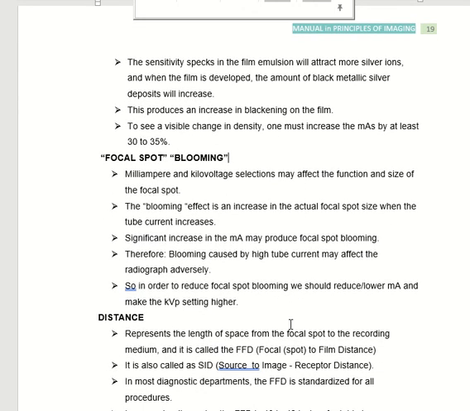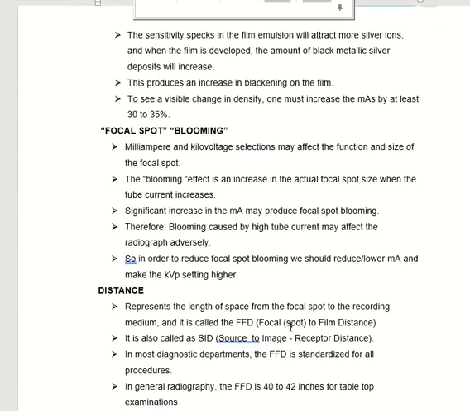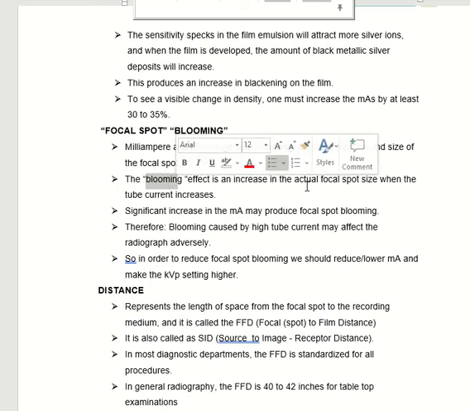Another factor is the focal spot blooming. So the focal spot blooming is a kind of artifact that can be seen sa image natin. So the MA and the kV selections may affect the function and size of the focal spot. When we say blooming, it is an effect that increases the actual focal spot size when the tube current increases.